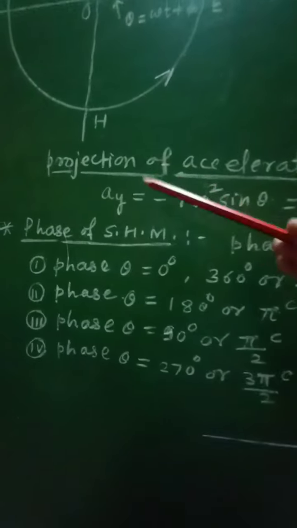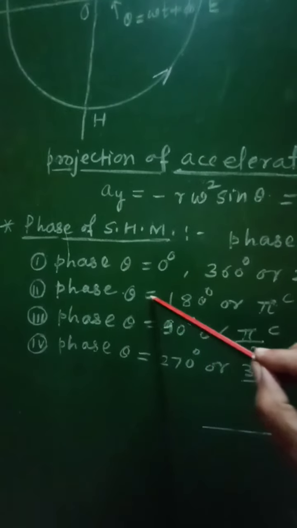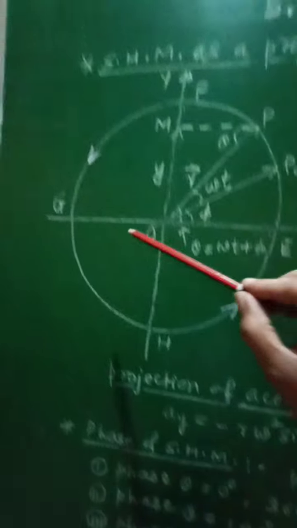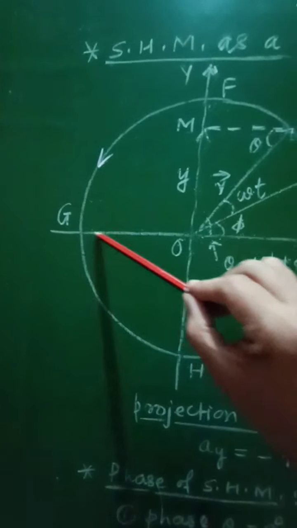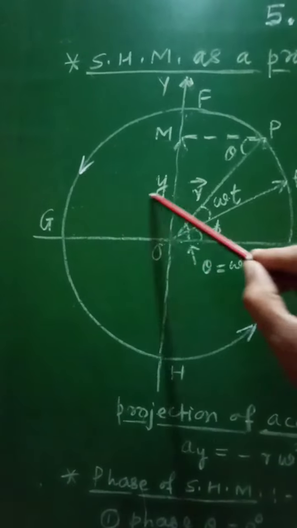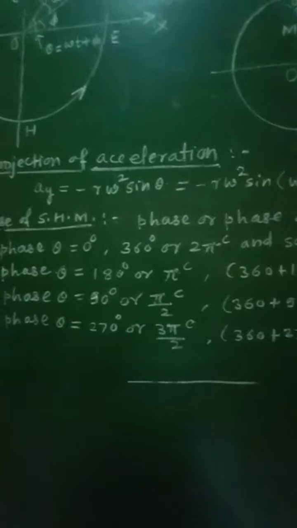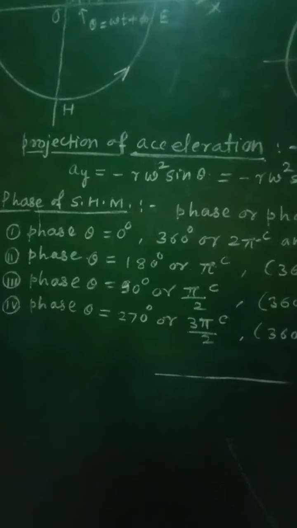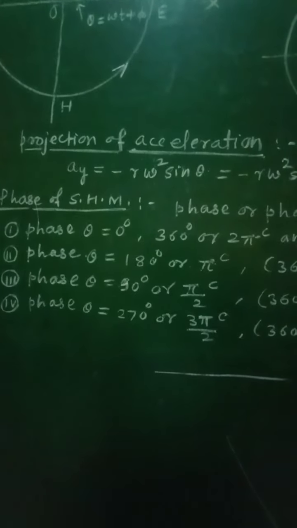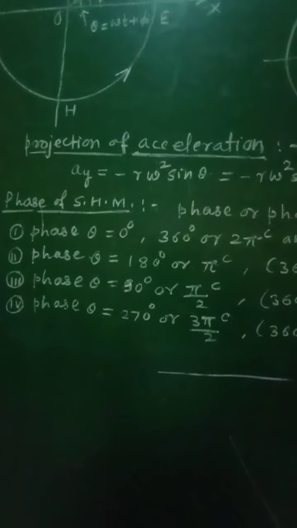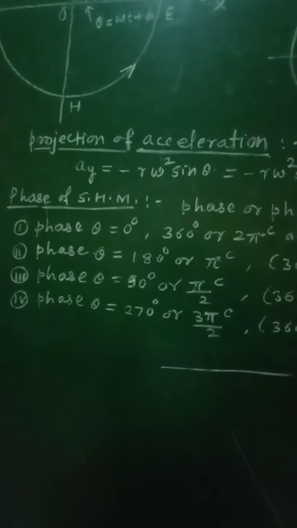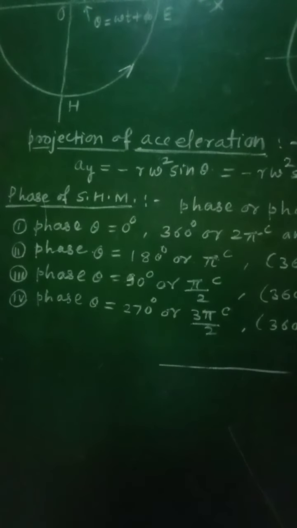Similarly, let us consider the second case when phase is equal to 180 degree or pi radian. That is when the particle is here at point G, the angle will be equal to 180 degree or pi radian. In this second case, phase theta is equal to 180 degree or pi radian, and it will represent that during its first oscillation the particle is at the mean position and moving towards the negative side.